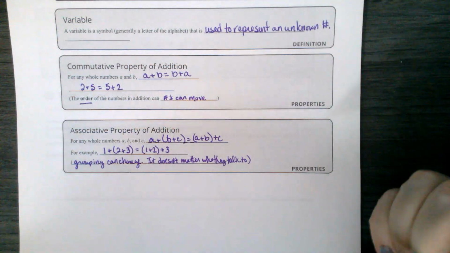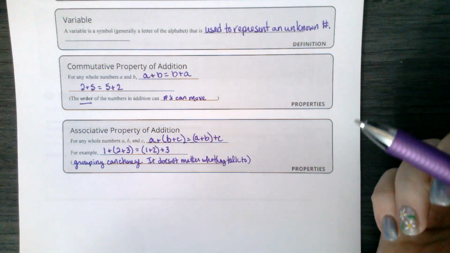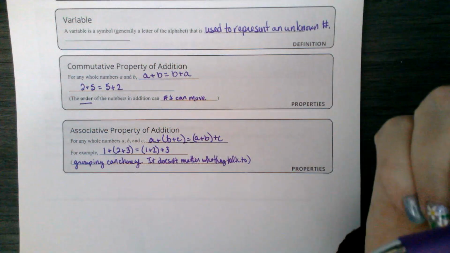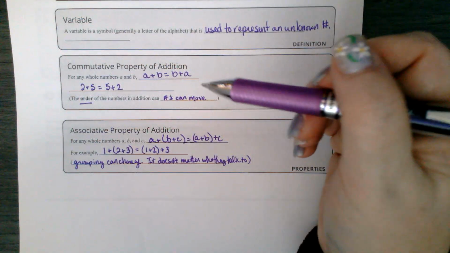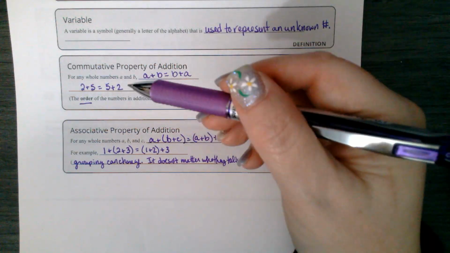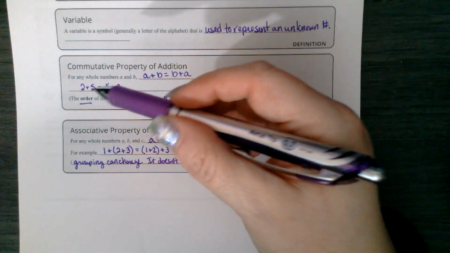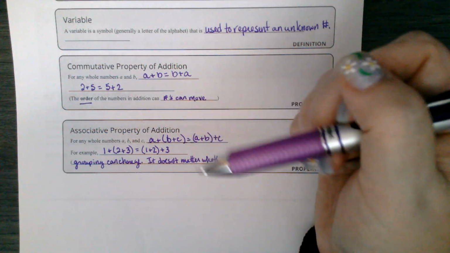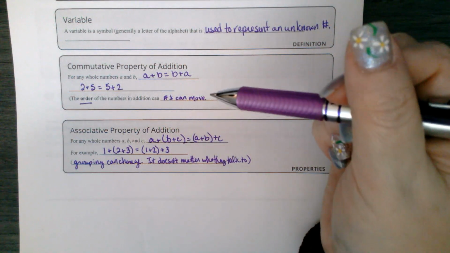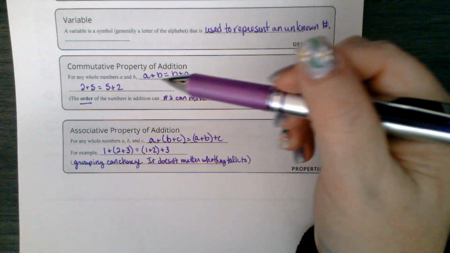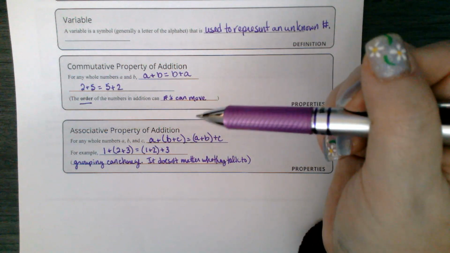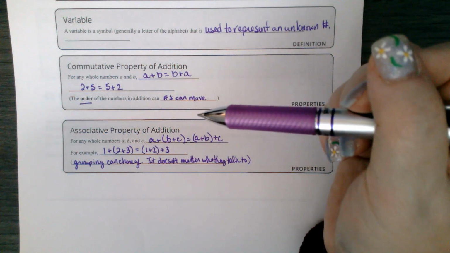You commute back and forth to work. That's what a commute is. You move stuff around. So when we commute with our letters or with our numbers, that means we're moving them around. The addition part just means there are pluses in there. That's all it is. We move stuff around with pluses in there. The numbers and letters can move.